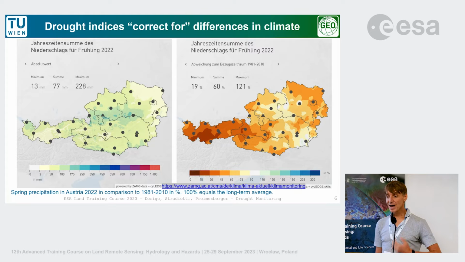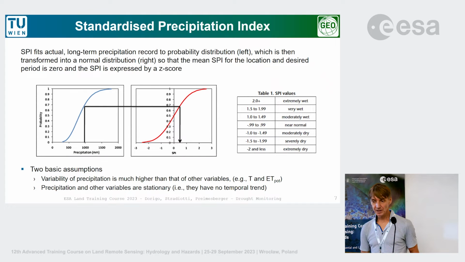So the question is, where is it dry and where is it not dry? One thing to do is use normal distributions, or deviations in terms of standard deviations, to make different pixels on Earth, on land, comparable. This is what you're going to use in the exercise, the standardized precipitation index. It fits the actual long-term precipitation to a probability function.